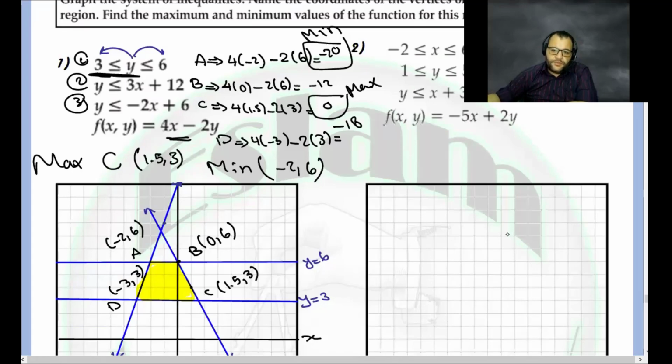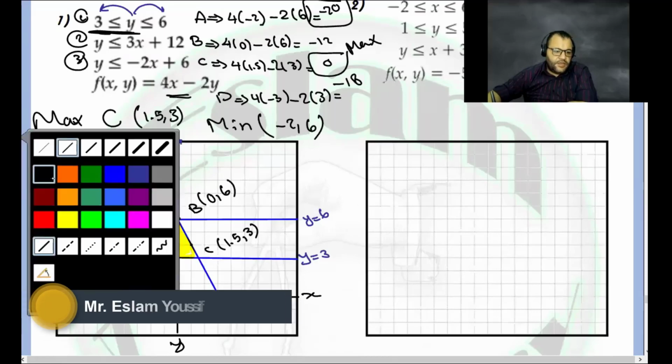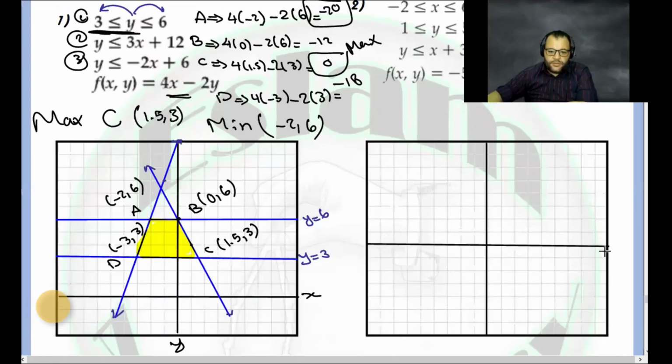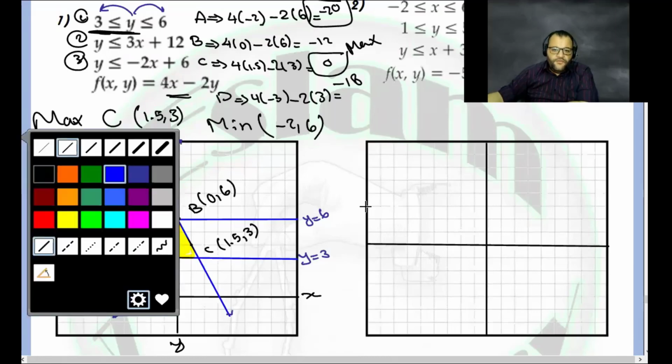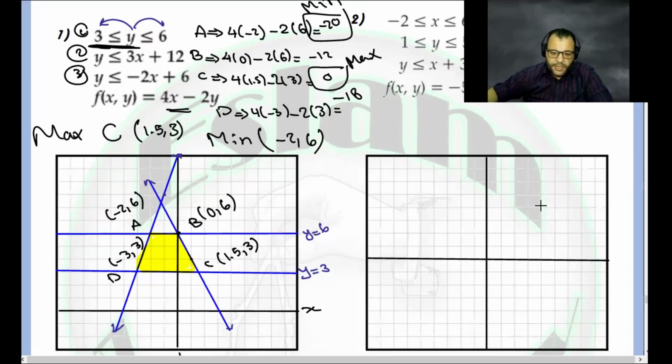Any problem for this one? Okay, so how can we graph the second one? Those are the coordinates. From -2, I need a line parallel to the y-axis that intersects the x-axis at the point -2. So this will be the first line. And at 6, 1, 2, 3, 4, 5, 6.